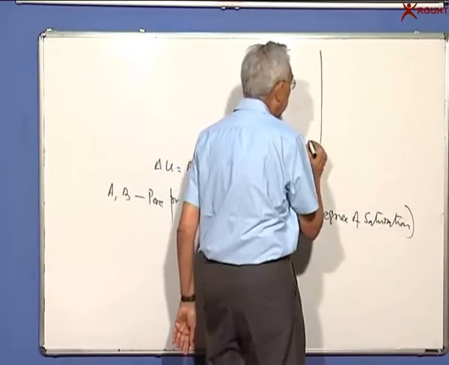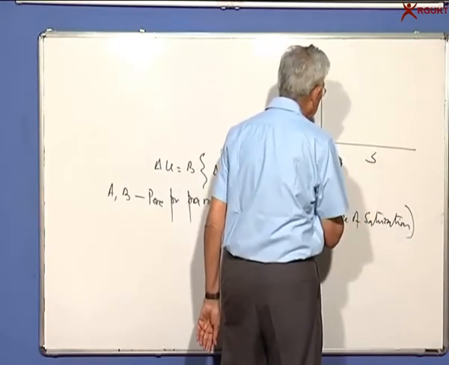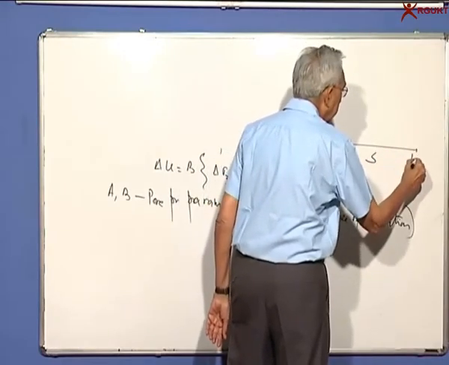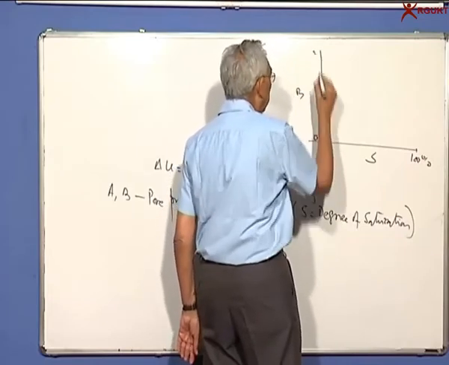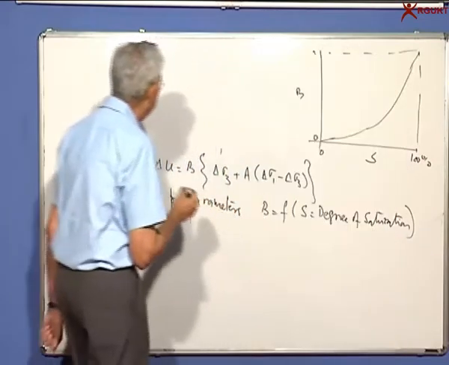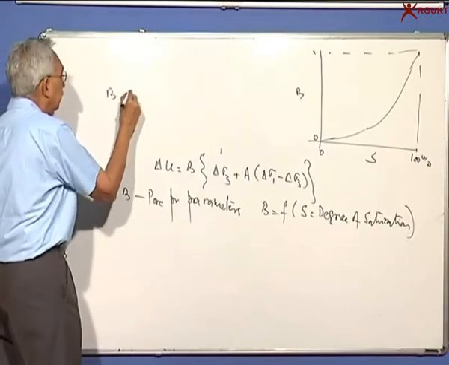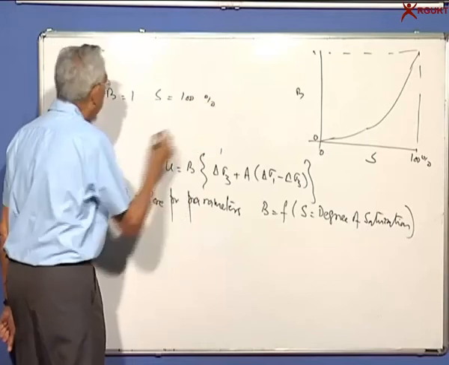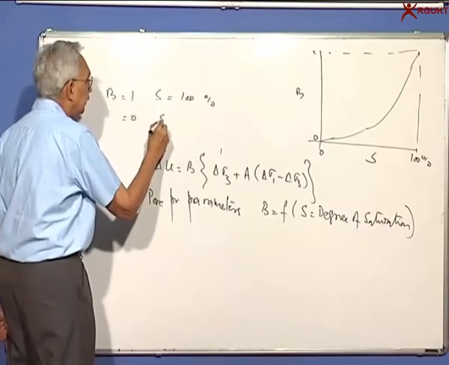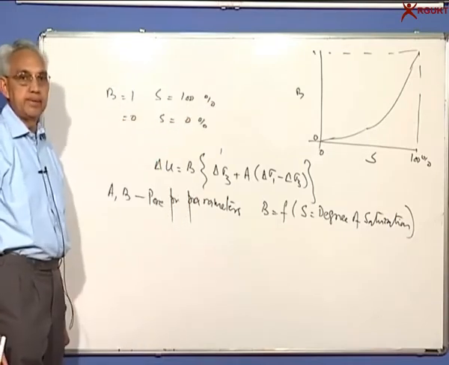Suppose I plot degree of saturation 0 to 100%, and B, I go from 0 to 1. You can derive that B is equal to 1 for degree of saturation equal to 100%, and B is equal to 0 for a completely dry specimen.